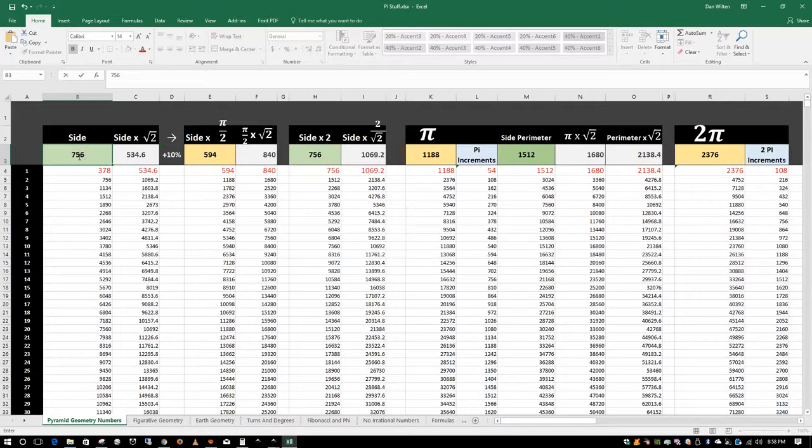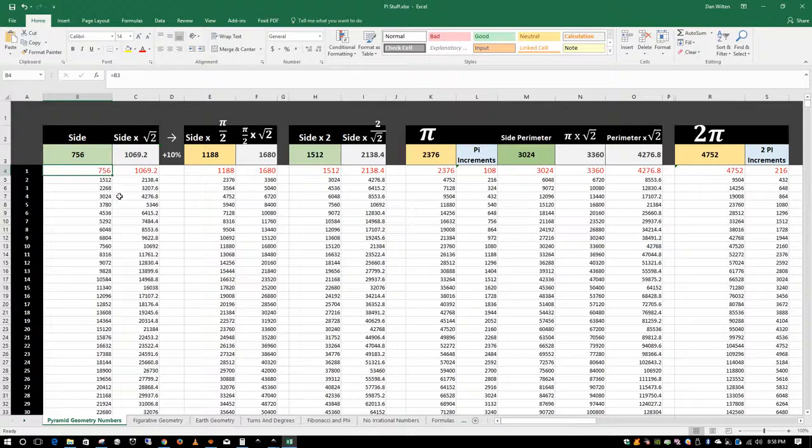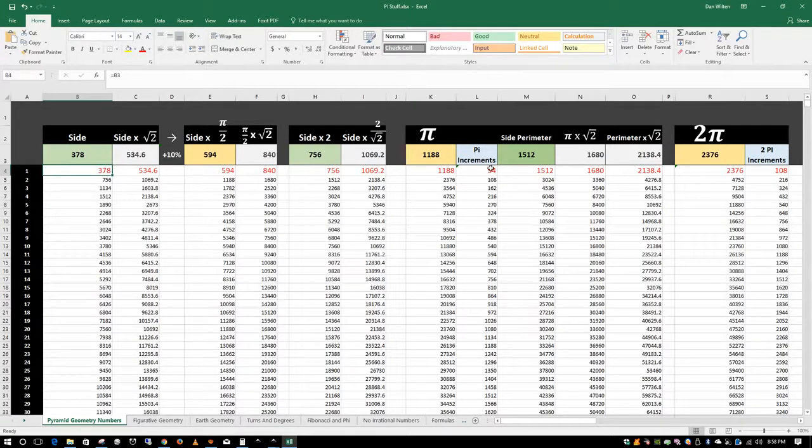Great Pyramid side length is 756 feet, and so the pi increments are 108. But if we divide it in half, then the pi increments are 54, and I showed you a diagram showing how it looks when you stack everything together, because the 378, the 0.14 actually represents the 54, but if you put 6 of them together, which represents 2 pi, then your remaining is 108.